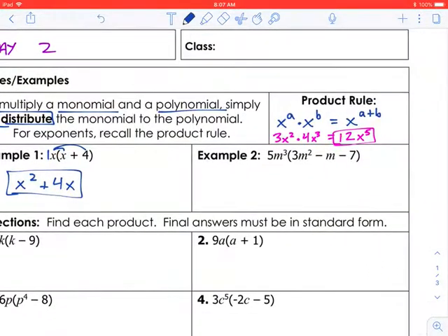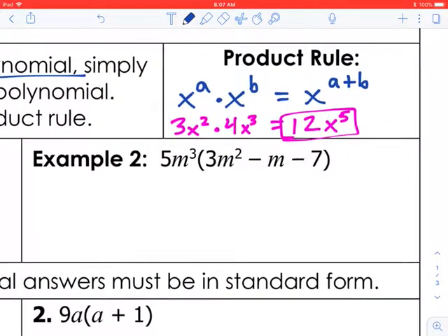Same thing over here. We've got 5m to the third times all of this. So 5 times 3 is 15. M to the 3 plus 2 is 5, m to the 5.